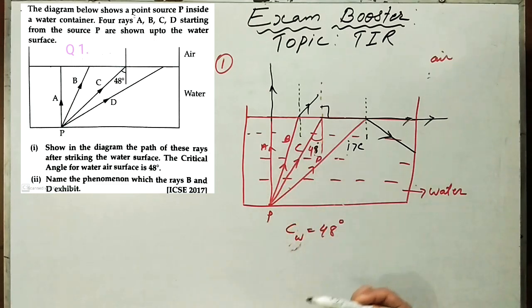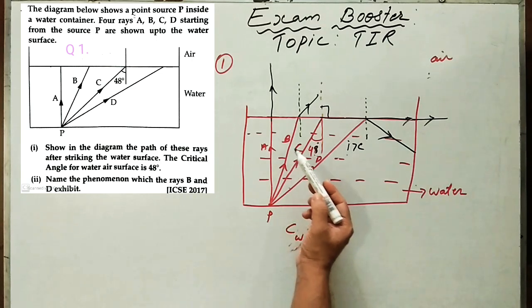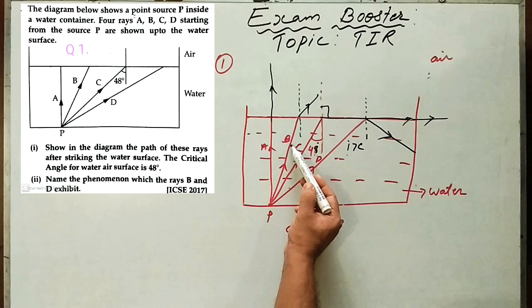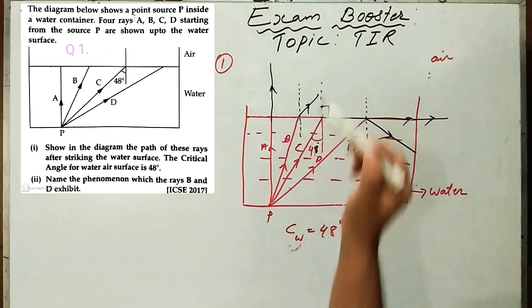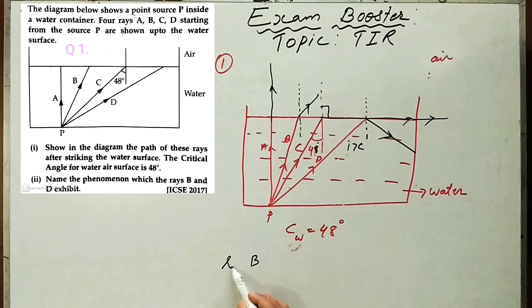You can see on the board. The second part of the question is: name the phenomenon which rays B and D exhibit. Ray B is exhibiting plane refraction. For ray B, I can write it is exhibiting the phenomenon of refraction.